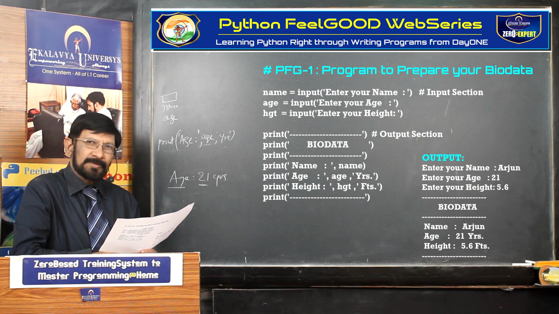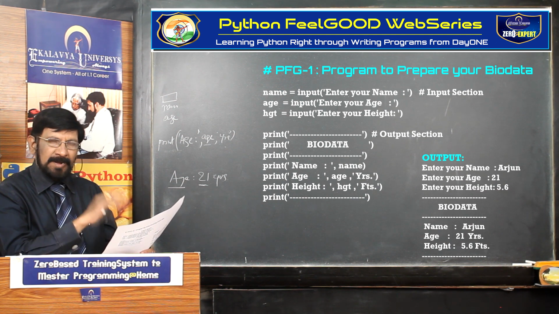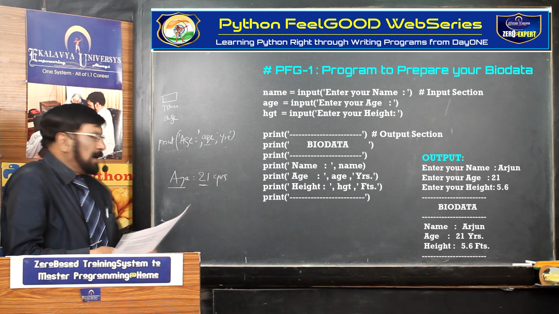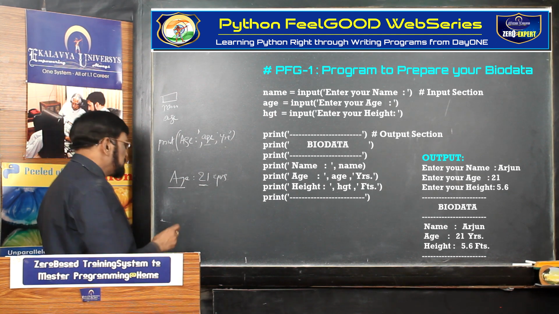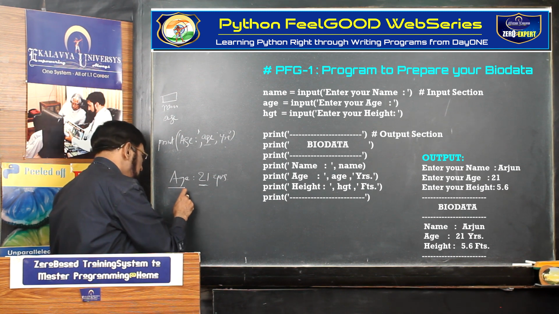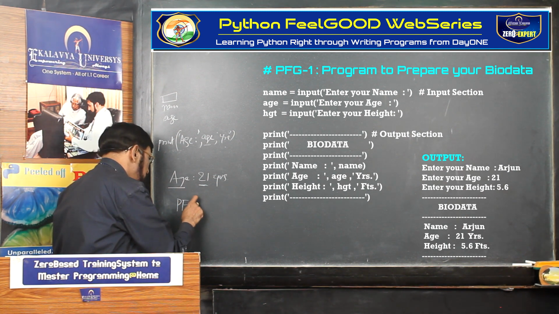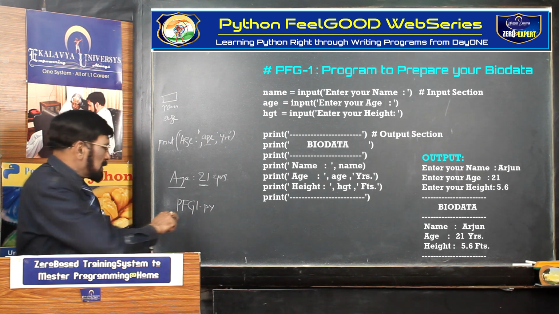Then after that, you save it. You save after typing this program perfectly. Saving means you have to give a name. So which name should you give? To identify this program, name it PFG1.py. Why py? Because it is a Python program.